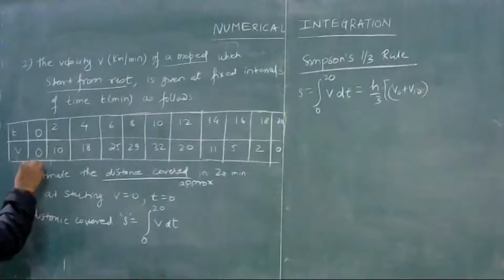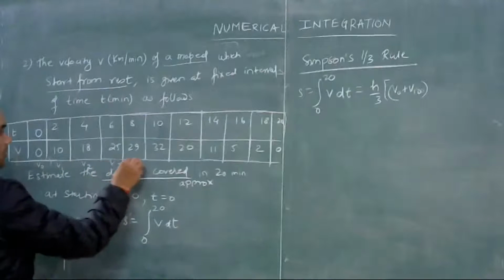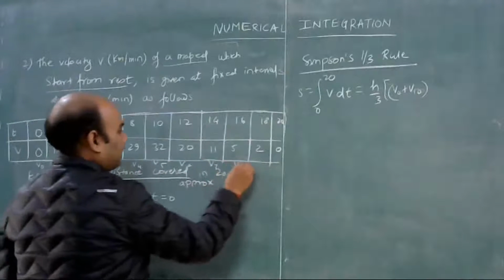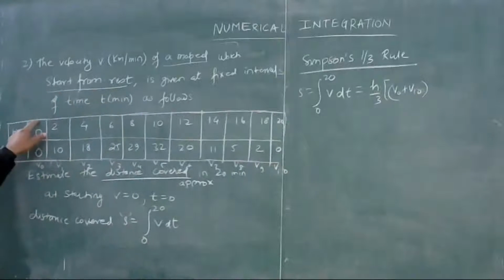So this is v0, v1, v2, up to v10, and similarly t0, t1, t2, up to t10.